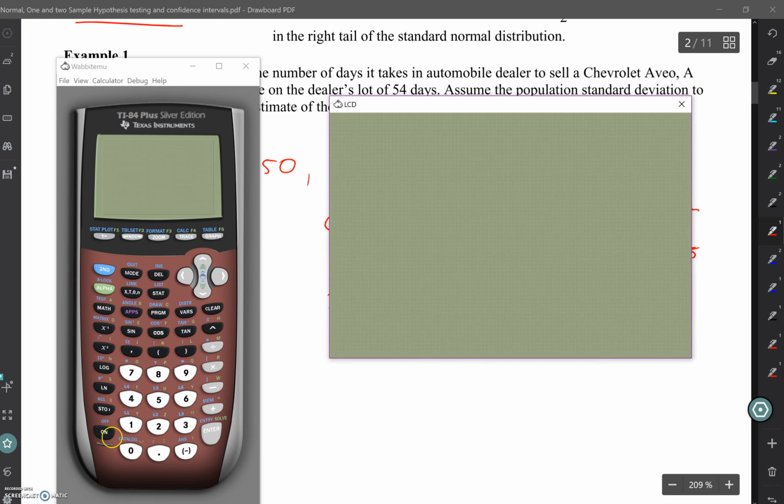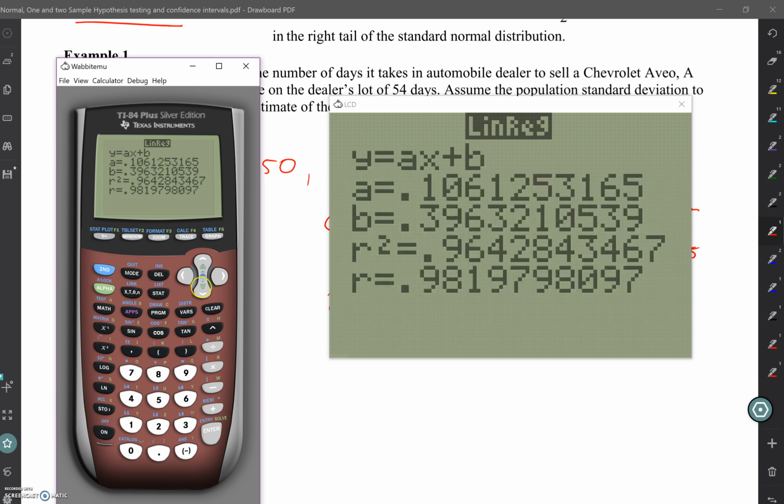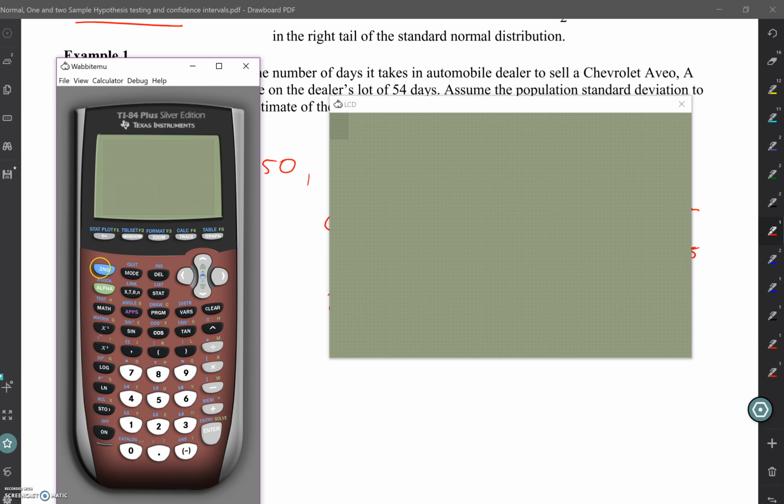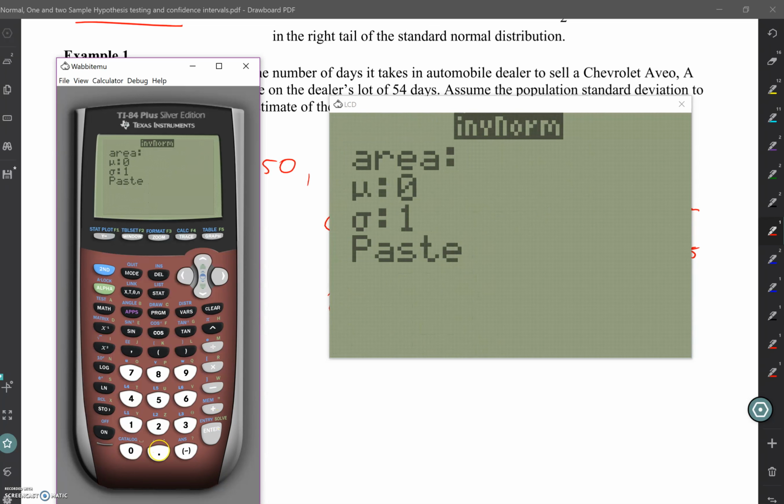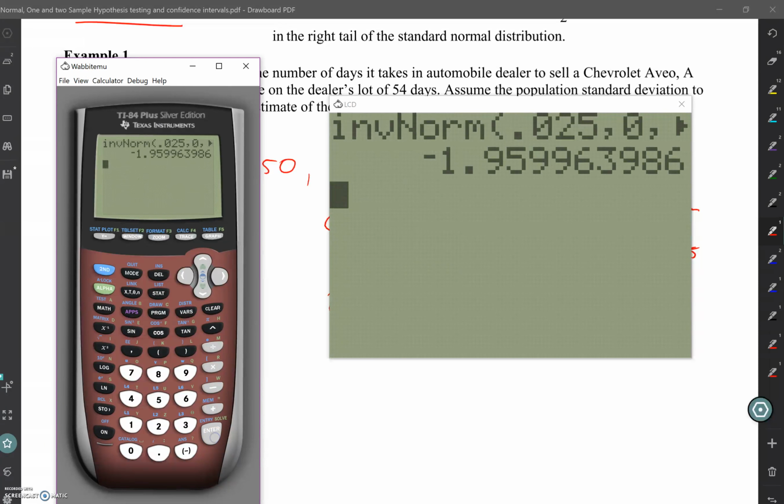So let's put that in and see what we get. Does anyone remember where we find inverse normal? Second, Vars. We've got to get to Vars, and then we go to inverse normal. My area is 0.025. And I want a z-score, so I'm going to leave a 0 and a 1 in there. That's the value that I want. And we got negative 1.96, because I'm going to round to 2 decimals.